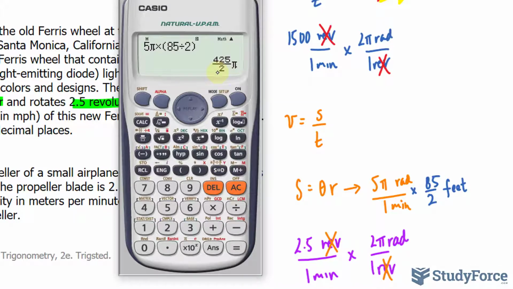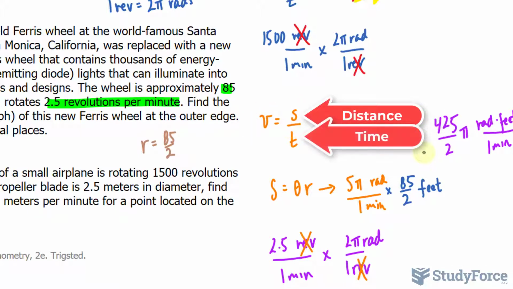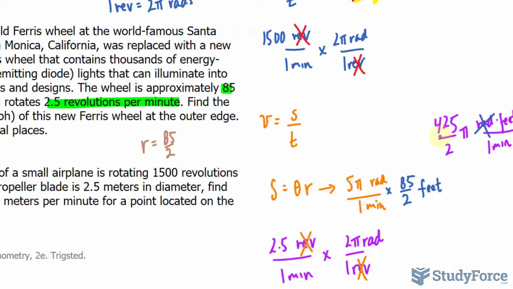But to make things less complicated, I'll simply write down 425 over 2 pi radians times feet per 1 minute. Now look at the formula for velocity. Velocity relates s over t. If you notice what I wrote here, we have it in feet per minute. Now radians, we can ignore that for a moment, and just concentrate on feet per minute. Essentially, that is the velocity.